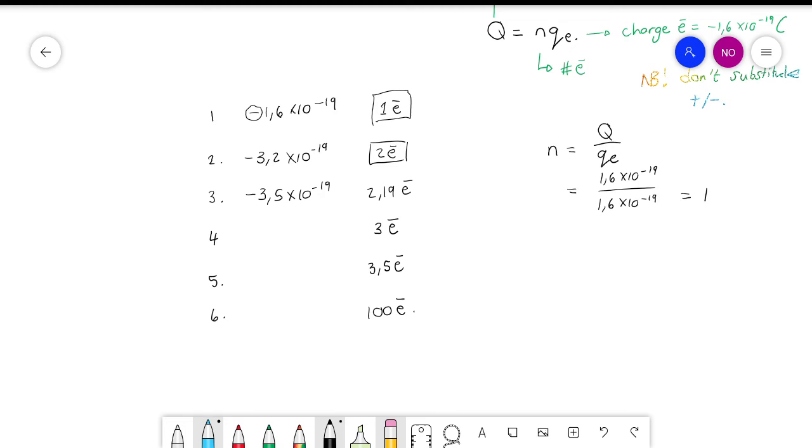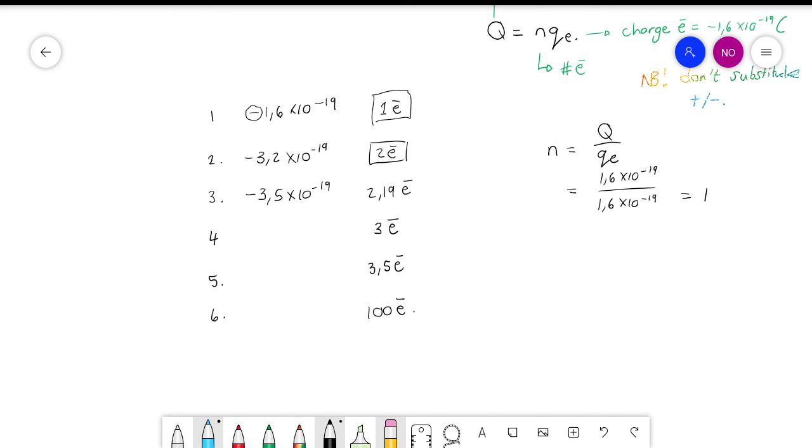So can you transfer a 0,19 electron? No. Jy kan net 'n heel getal elektrone oordra. Do you agree? An electron is infinitely small. It is unimaginable how small it is. So you can't go slicing that up into fractions further. An object gains whole electrons, not fractions of electrons, or loses whole electrons.